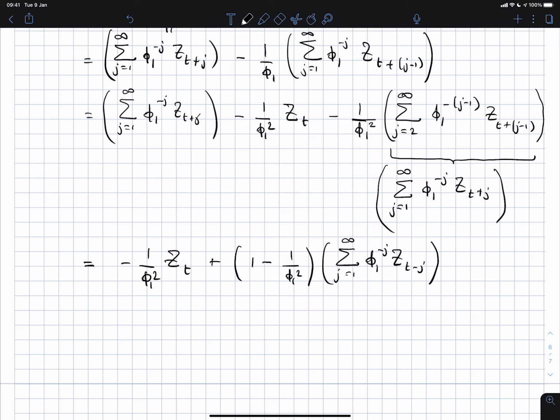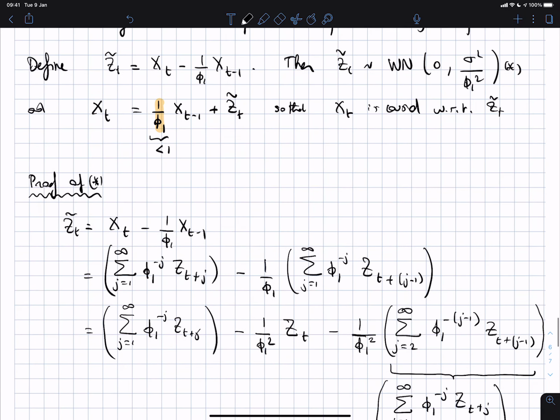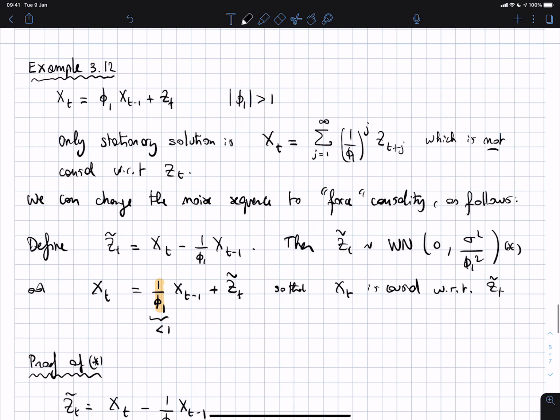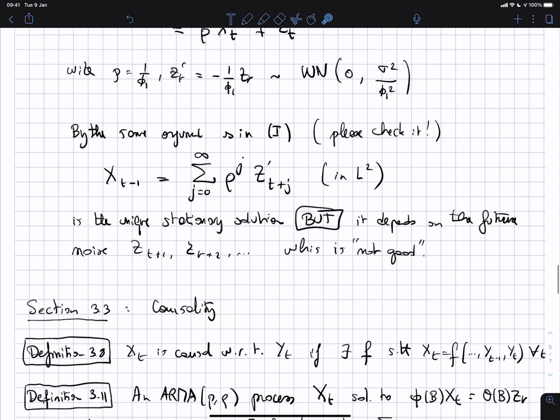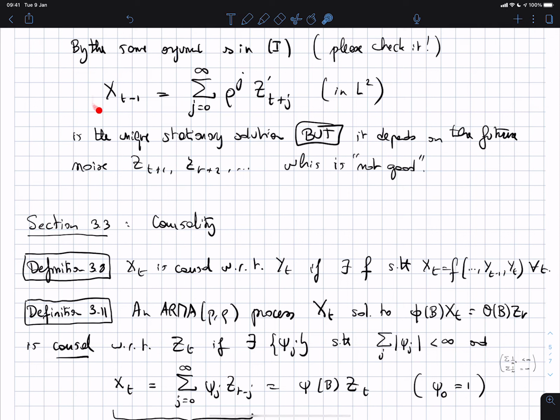Sorry, I just think I had the opposite signs. I'm not sure where it went. It's because I see that in my slides I wrote Xt is minus this sum here, but I have the impression that in fact Xt is equal to plus this sum here. If I go back to what I did here, Xt is in fact plus the sum, not minus the sum. So I don't have a minus sign here.